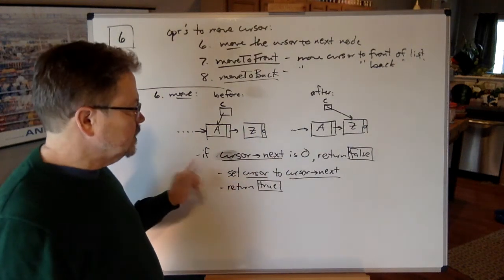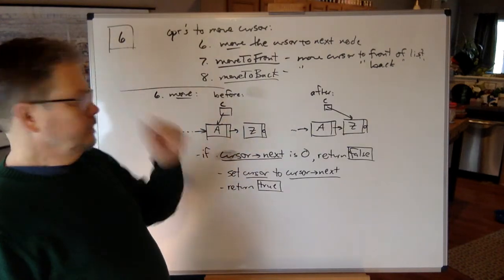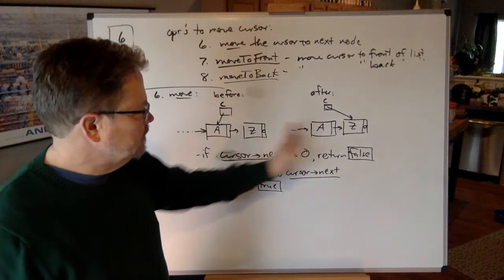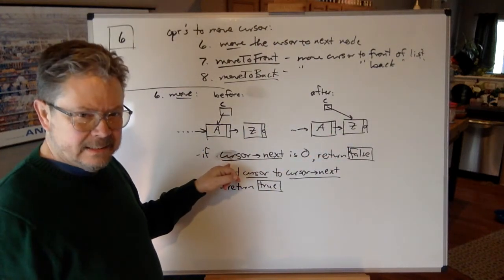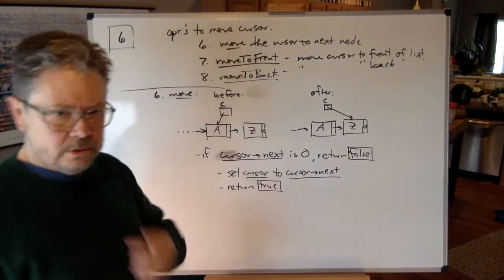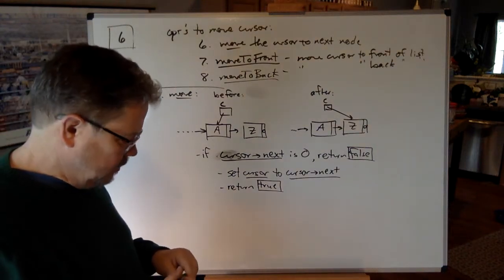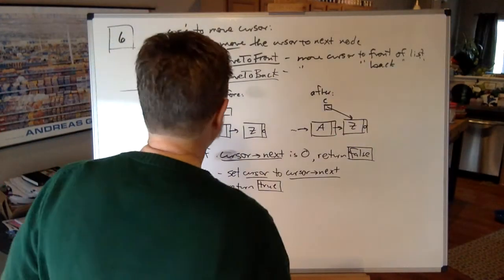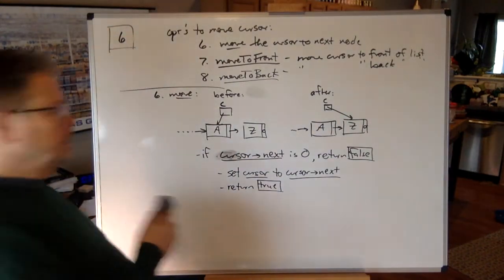You test for the case that, you know what, I've hit rock bottom, I don't want to go any further, let's go back. Here's hitting rock bottom, I'm at the very end of the list. Even if the list is empty, this condition still works. If I'm at rock bottom, I go back. Otherwise, I do some work and eventually return true. Okay? Slip that little thing in there. We'll see. That's for future reference. Okay, are there any questions about the move operation before I erase it? Okay, here it goes.